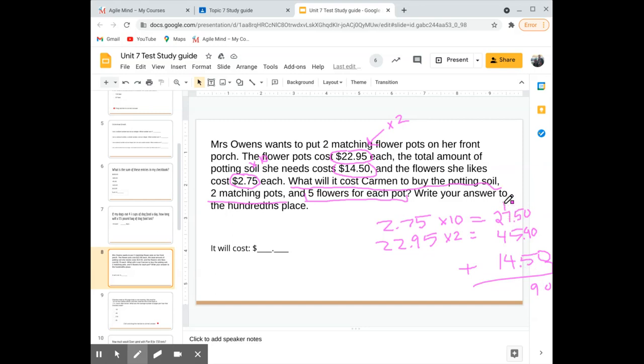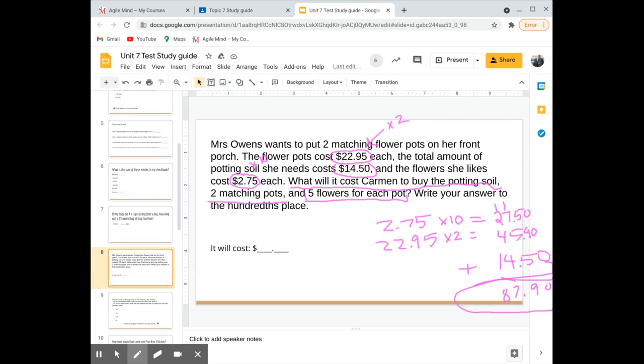What is 7 plus 1? 8. Plus 4? 12. Plus 5? 17. Good. What is 2 plus 1? 3. Plus 1? 4. Plus 4? 8. All right. Let's check that answer.